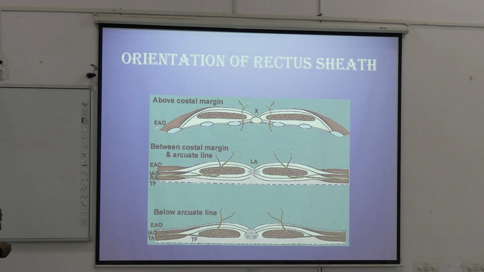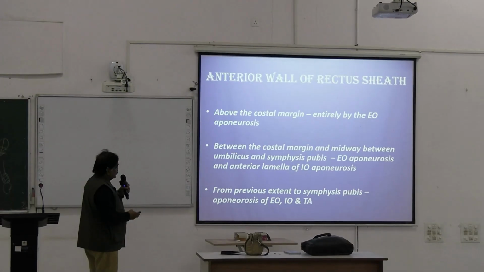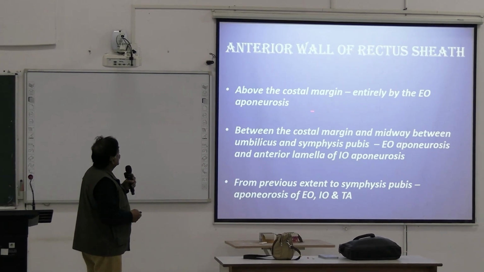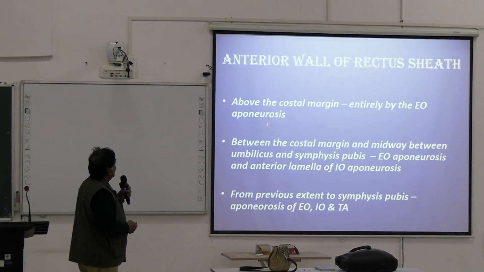Now, above the costal margin, see the muscles, and between the costal margin and arcuate line, when you dissect the body, you will see it. And below the arcuate line, this position. Anterior wall of the rectus sheath: above the costal margin, entirely by the external oblique aponeurosis.